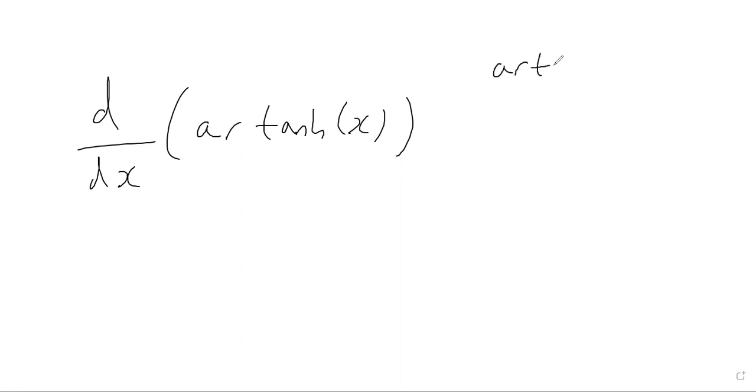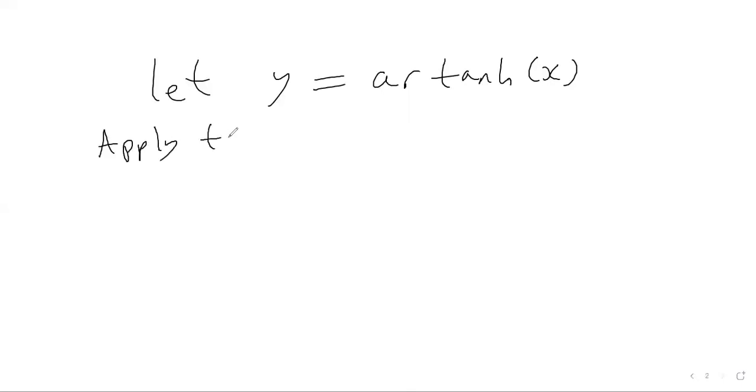Artanh just means the tanh minus 1 operator, the inverse hyperbolic tan function, and we're going to differentiate it pretty much exactly the same way we did with arsinh and arcosh. Same technique again as in the previous two videos.